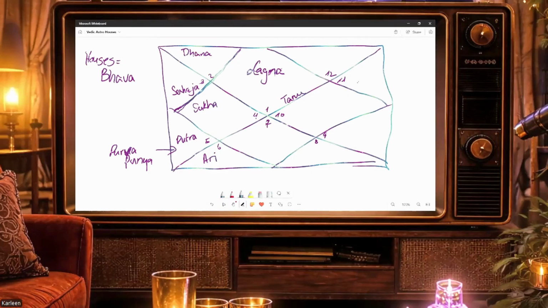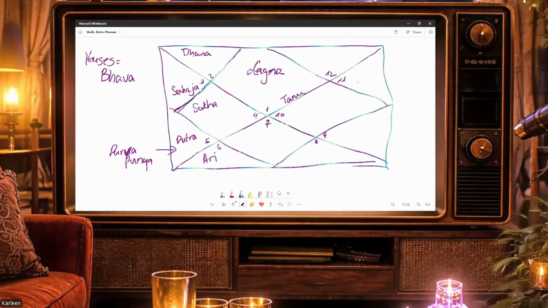And strong planets here, or a strong sixth house, can make people almost invincible or excellent at overcoming enemies and illness. It's not only negative. And so there's similarity to the sixth house in tropical, but there's a lot more emphasis here on open enemies, legal disputes, court battles, struggles.